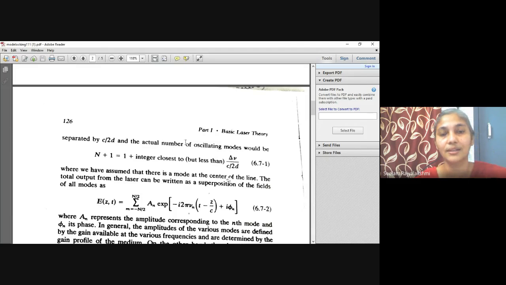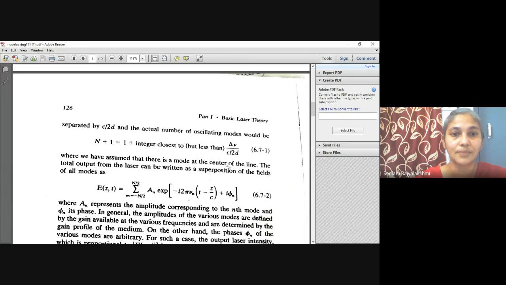The actual number of oscillating modes would be n plus 1, which equals 1 plus the integer closest to delta nu by c by 2d, but it should be less than this value. Here we have assumed that there is a mode at the center of the line.